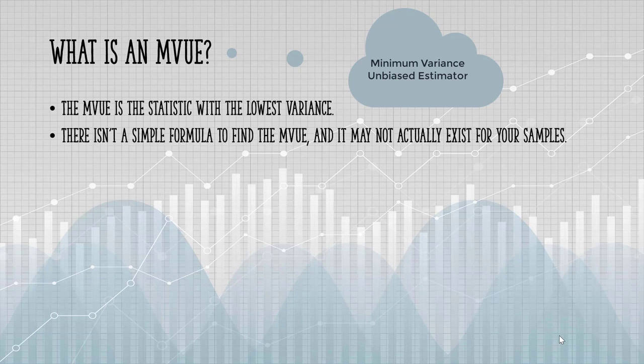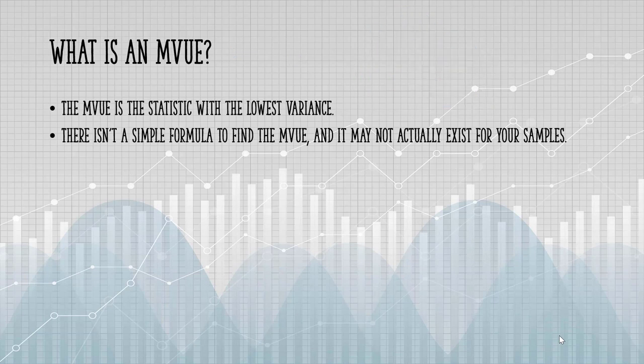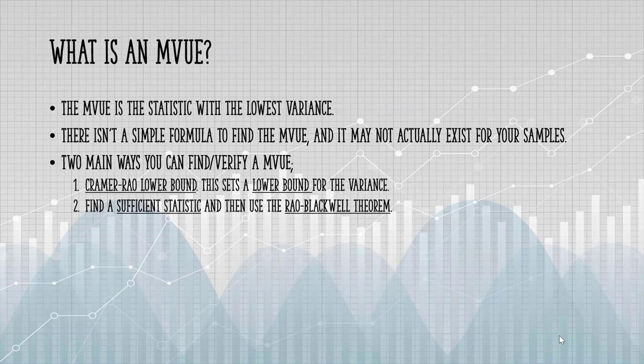Unfortunately, there isn't a simple formula to find the MVUE, and it may not actually exist for your samples. There are two main ways you can find it. Both are quite advanced and require some knowledge of mathematical statistics. The first is to use the Cramer-Rao lower bound. Basically, this sets a lower bound for variance.